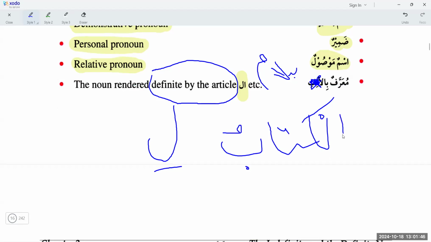That's why we put here a hamzatul wasal, and we give a harakah to the hamzatul wasal: al-kitabu. Lam means definite article. This hamza doesn't mean anything. It doesn't have any meaning.